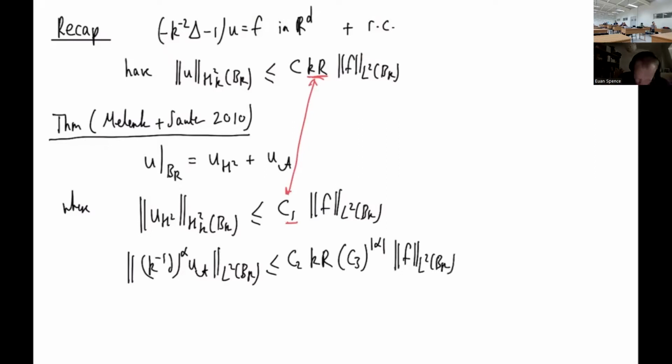And this function U_A has the same kR dependence in the bound as the Helmholtz solution itself, but has this additional property that it's C infinity and moreover analytic. And this is for all, you give me a k_0 and there exist these constants C1, C2, C3 such that these bounds hold for all k greater than or equal to k_0.